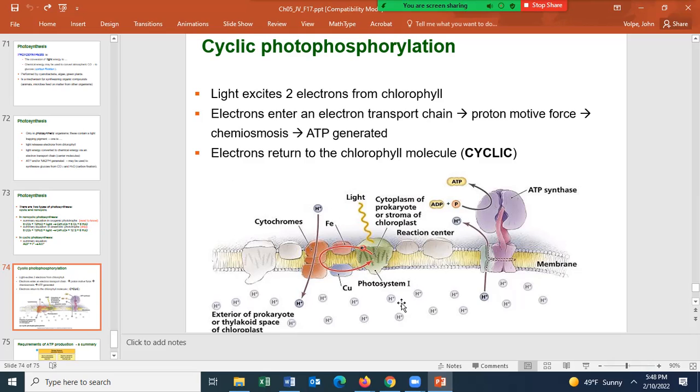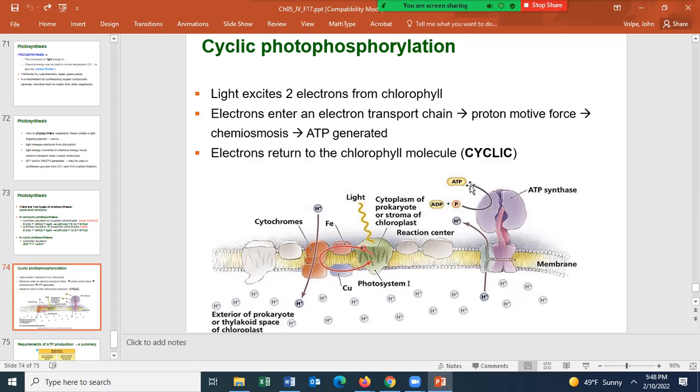The hydrogen can only move through this channel protein, which is ATP synthase. When the hydrogen moves across the membrane, it gives this protein the energy it needs to make ATP.